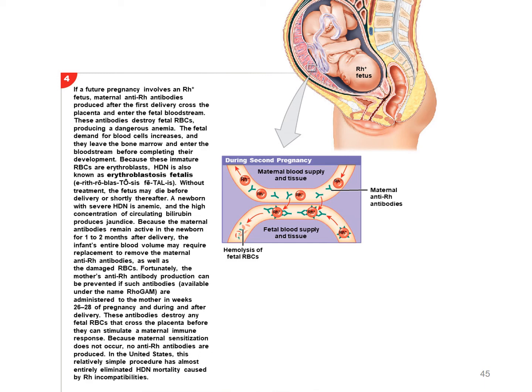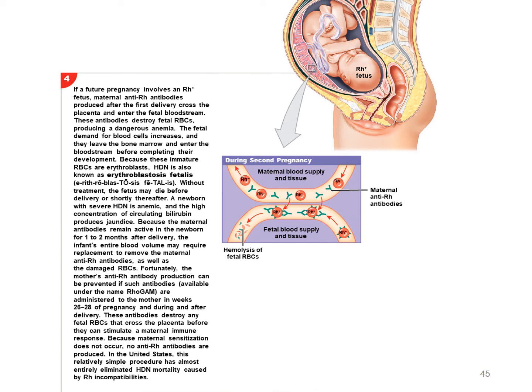They leave the bone marrow and enter the bloodstream before completing their development. Now, these immature red blood cells are erythroblasts, so hemolytic disease of the newborn is also known as erythroblastosis fetalis. If there is no treatment, the fetus may die before delivery or shortly thereafter.